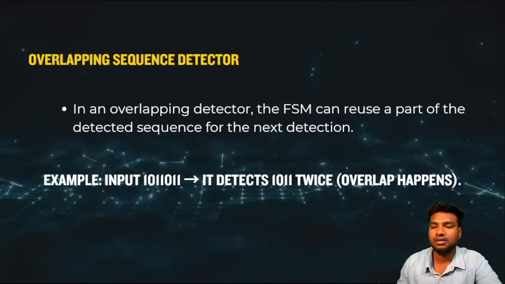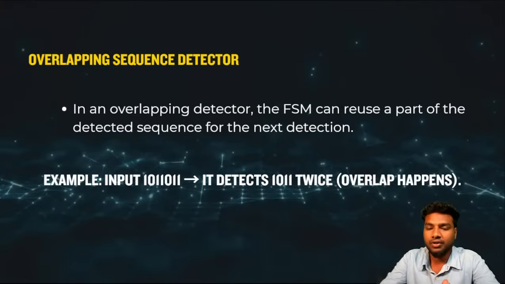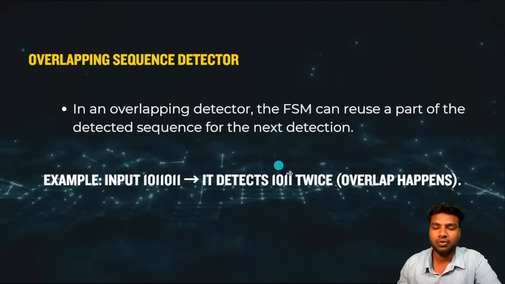We already have one detected sequence, and if I use part of it for the upcoming detection, that is overlapping. For example, if I detect the sequence 1 0 1 1 in 1 0 1 1 1 0 1 0 1 1, this is my first detection, 1 0 1 1.